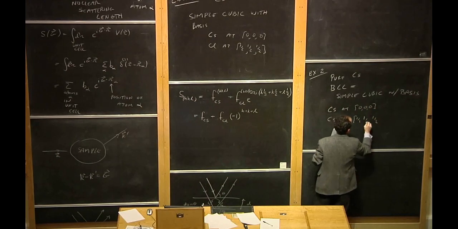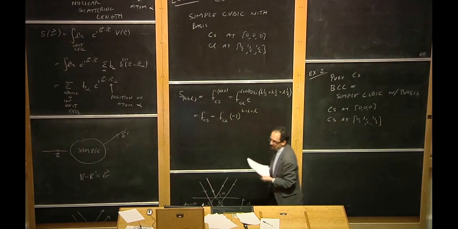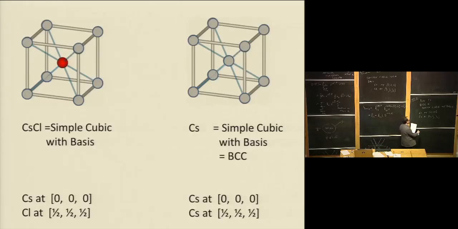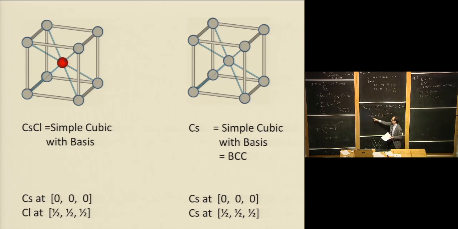So in other words, we're just replacing the chlorine by another cesium. We discussed this before, and so there's the picture of it. So you just replace the chlorine with the cesium. So we get exactly the same result, except now f chlorine, this is the atom at the center of the conventional unit cell, it's going to be the same as f cesium.